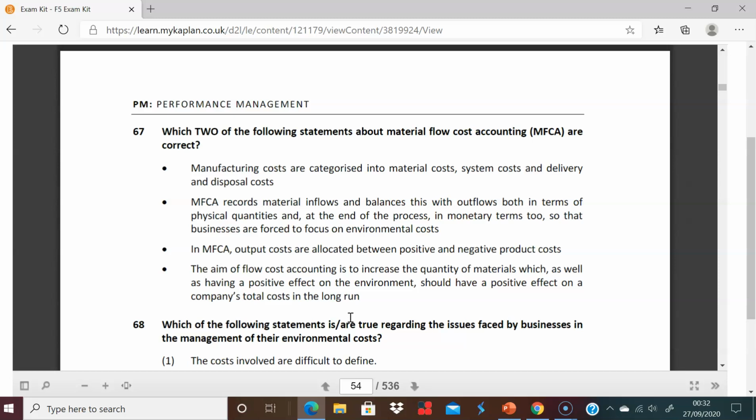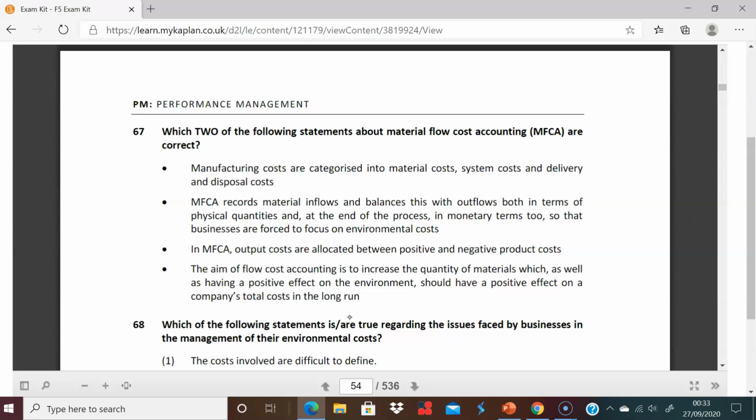The aim of flow costing is to increase the quantity of material, which should have a positive effect on the... well, no, not really. Really the aim of flow accounting is to reduce the quantity of material, not increase it, as well as having a positive effect on the environment.